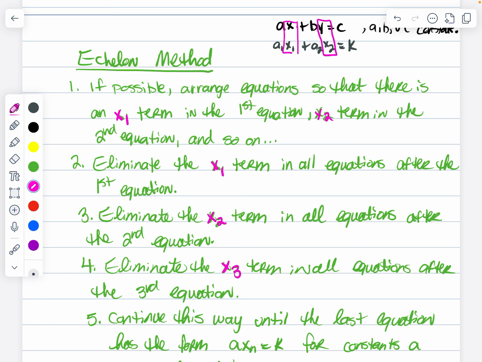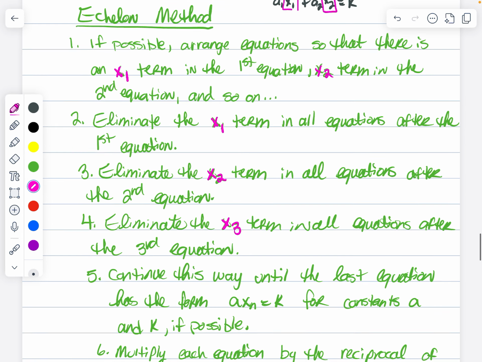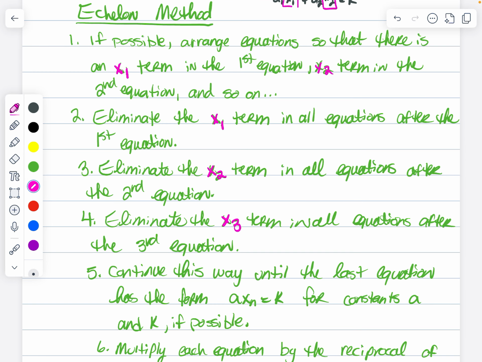But basically our goal is to make sure in the first equation there's an x1 term, and in the second equation there's an x2 term, and so on and so forth. If there's a third equation, it would be x3. All right, and so then our goal is to eliminate x1 in all of the equations that come after the first equation, and then to eliminate x2 in all the equations that come after the second equation.